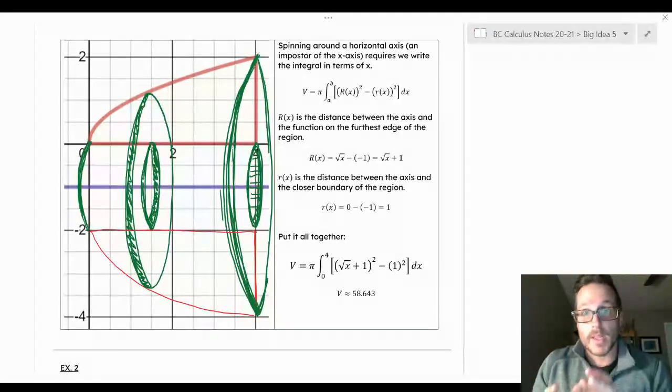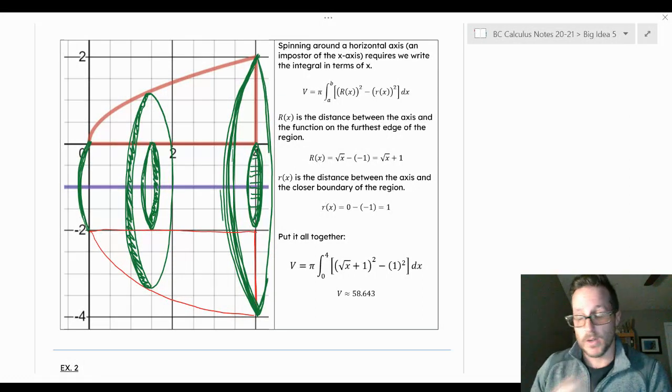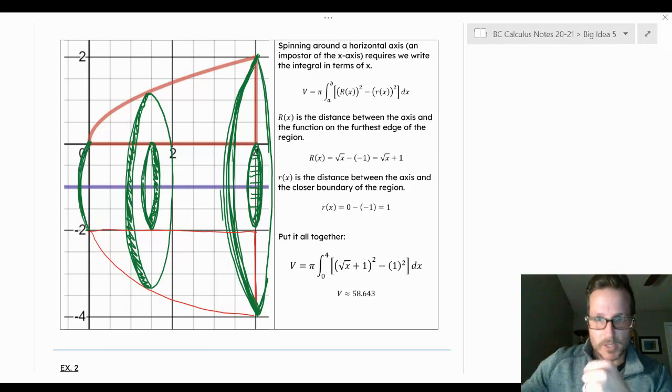But it's important that when you set up washer method, you have big radius squared minus little radius squared. You don't want just one thing squared. You don't want big radius minus small radius, and then you need each individual radius being squared because it's 2 disk methods, one subtracted from the other.